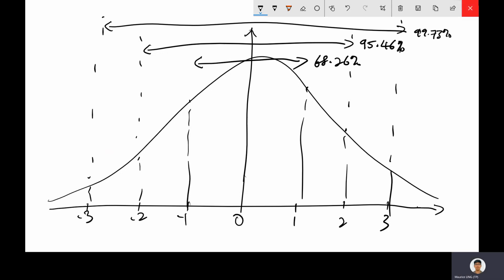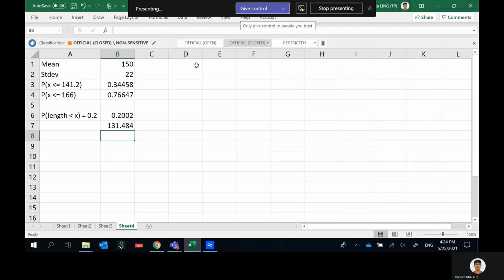Okay, I'll do the first one for you. So my mean is 0. My standard deviation is 1. Okay. So my p-value, that is a standardized normal distribution.